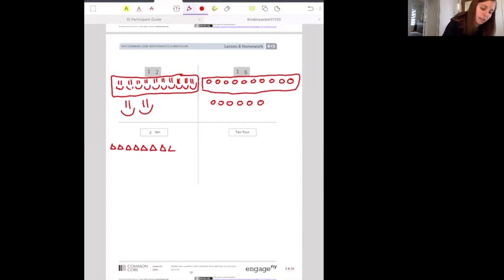And I'm gonna put my rectangle because that's one group of 10. And now my second group of 10. 1, 2, 3, 4, 5, 6, 7, 8, 9, 10. It's my second group of 10.